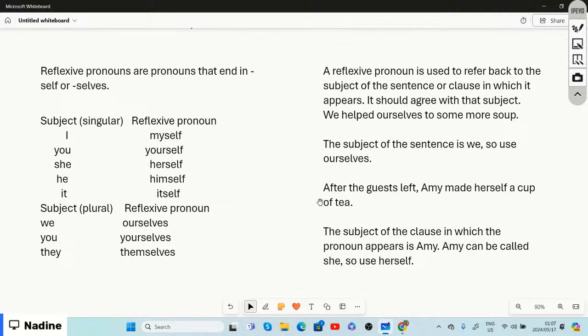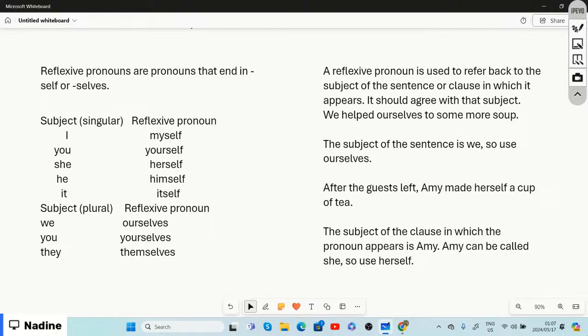All right, so reflexive pronouns, right? Reflexive pronouns are pronouns that end either in self or in selves. For example, we have subject pronouns and we have reflexive pronouns.